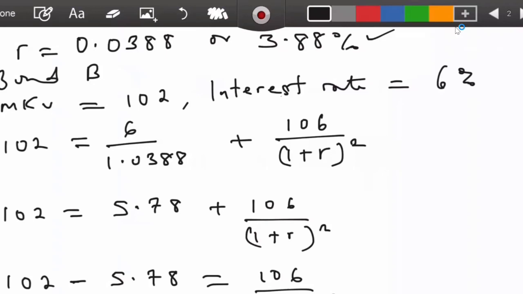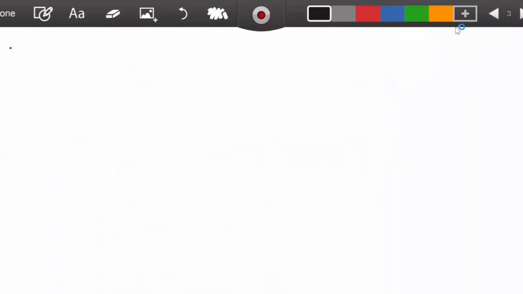Let me go back. 1 plus R raised to power 2 is equal to 106 over 96.22.